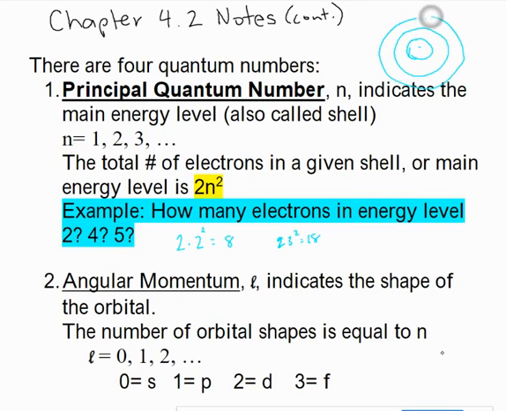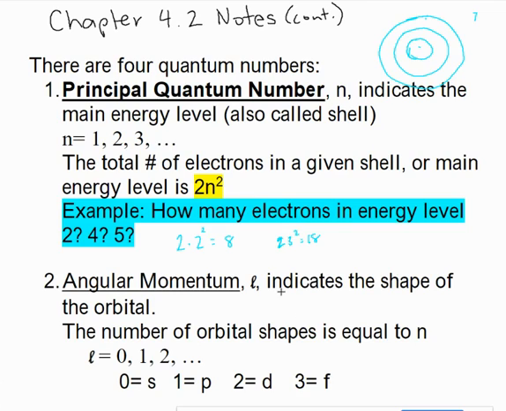How about the fourth energy level? 4 squared is 16 times 2. That's 32. And what about the fifth energy level? Good. 5 squared is 25 times 2 is 50. So we don't need that many energy levels to fit all of the electrons in. It only goes up to the 7th energy level for the periodic table.